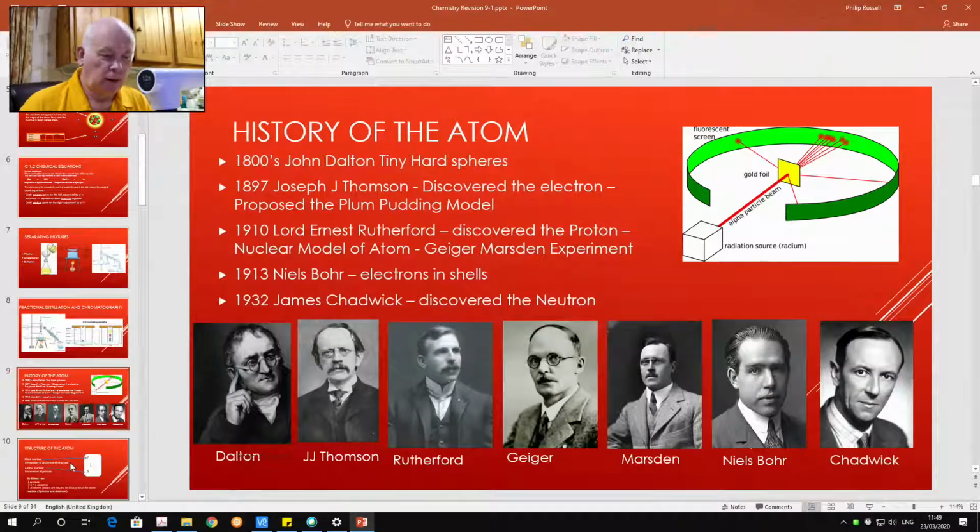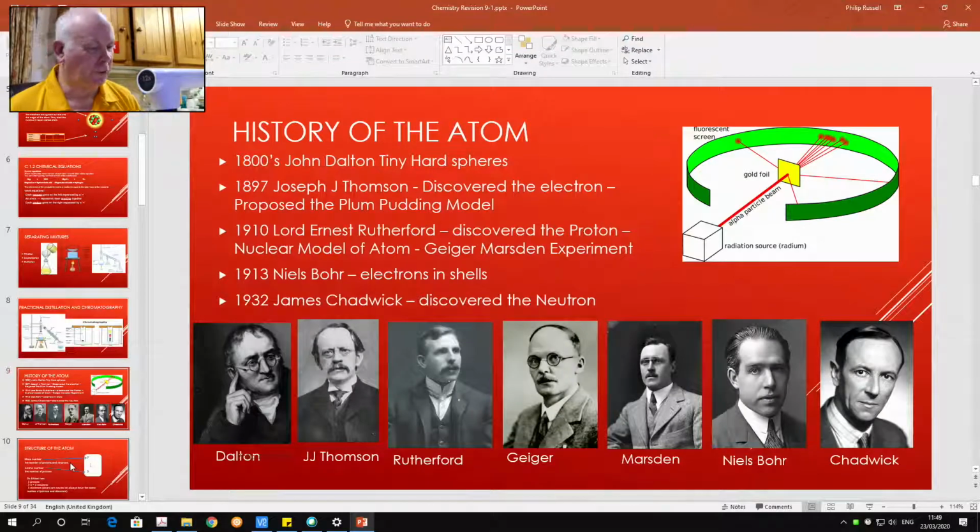And our plum pudding model was dead because these small little helium nuclei, the alpha particles, went straight through these gold atoms and hit the side. Some of them went straight through. In fact, most of them did. A few of them got bent a little bit. And occasionally, some got turned right around.